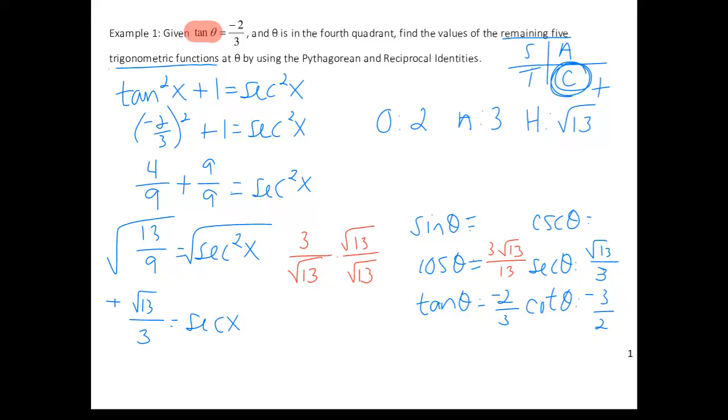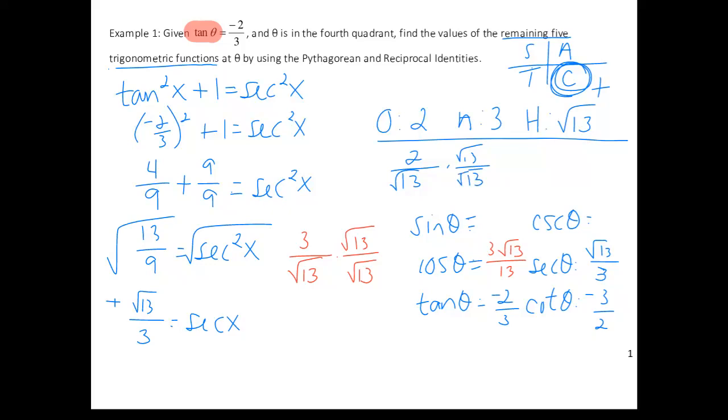Now, sine and cosecant, because they had no kind of play here in the Pythagorean identity that we used, I'm going to go to this concept of opposite, adjacent, and hypotenuse that I figured out. Sine is opposite over hypotenuse. So sine is technically, I'm going to write it up here, 2 over root 13. And we run into the same issue. So I'm going to multiply by root 13 over root 13.